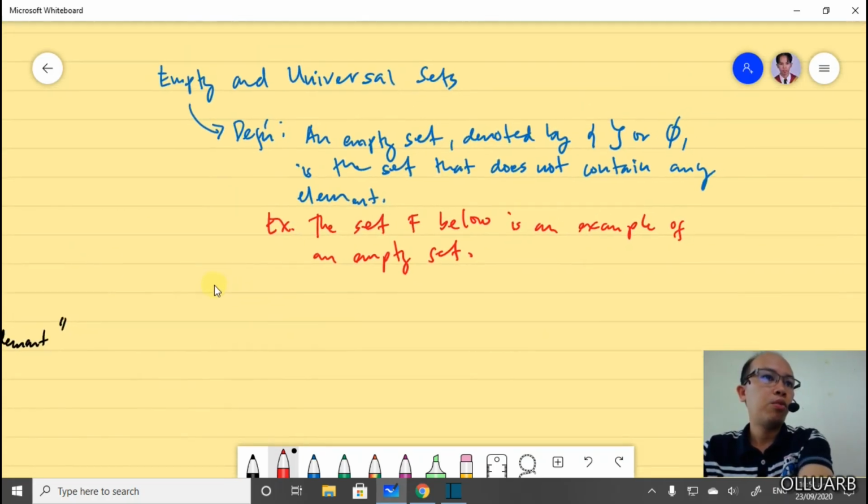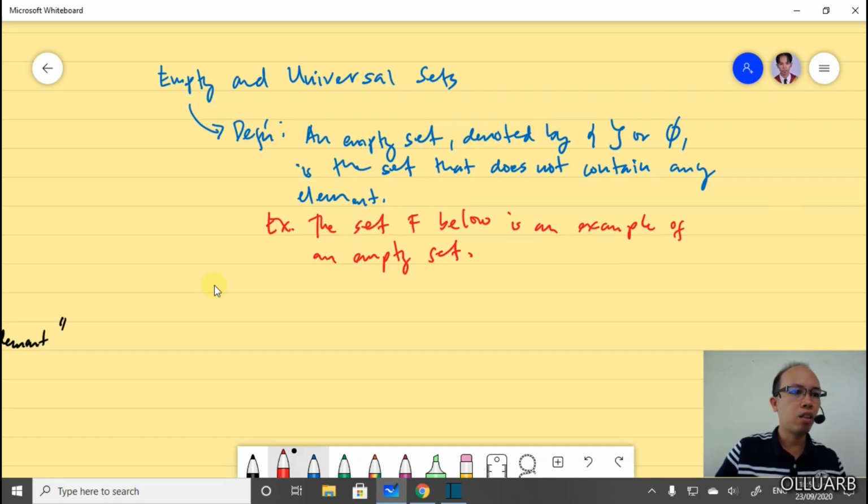For the definition of the universal set, let me write it here.